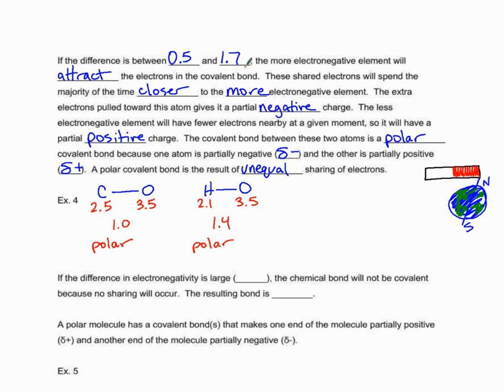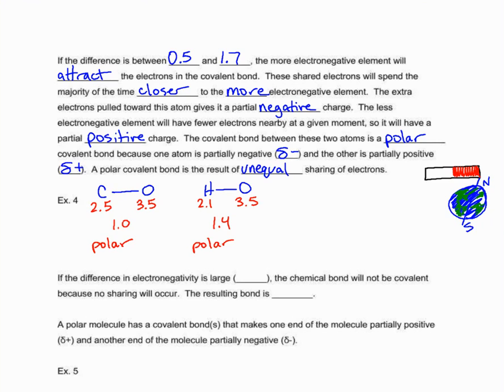And this particular covalent bond is important because water is made of two of these bonds, and water is highly polar. And it explains a lot of the unique behaviors that water has within the chemical world.